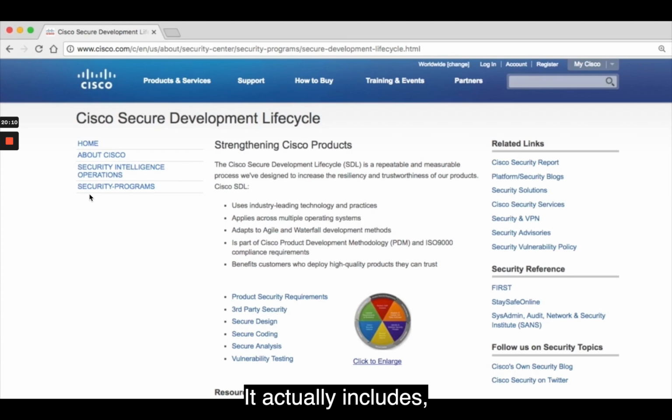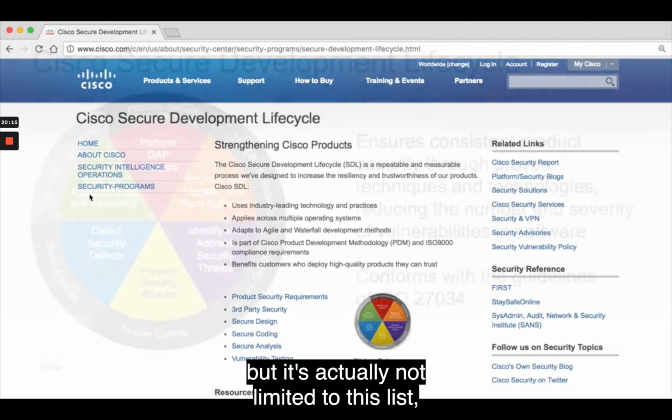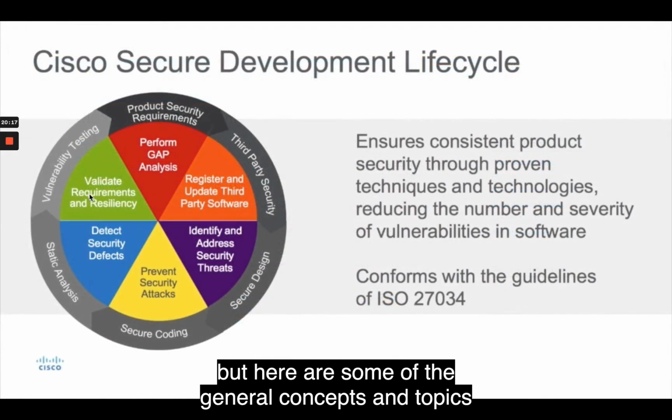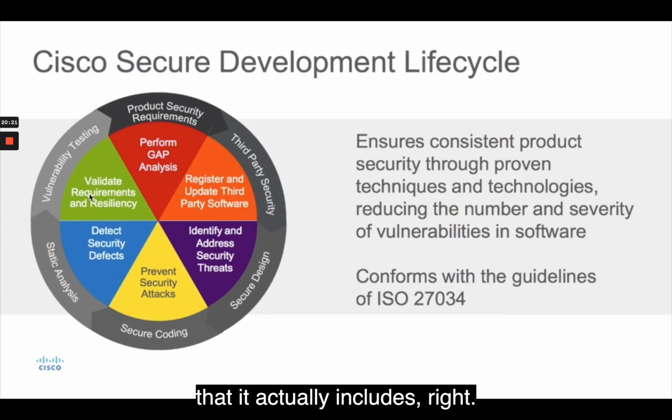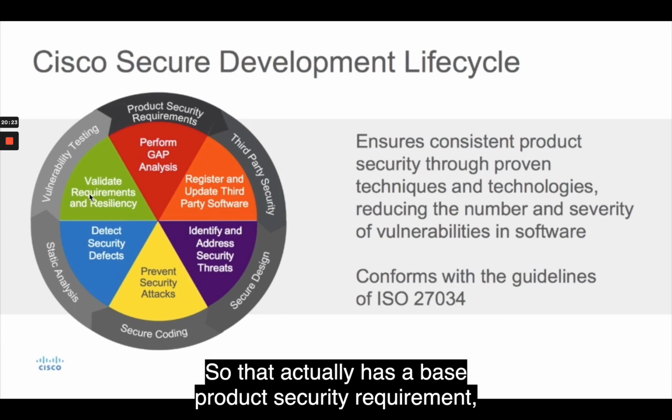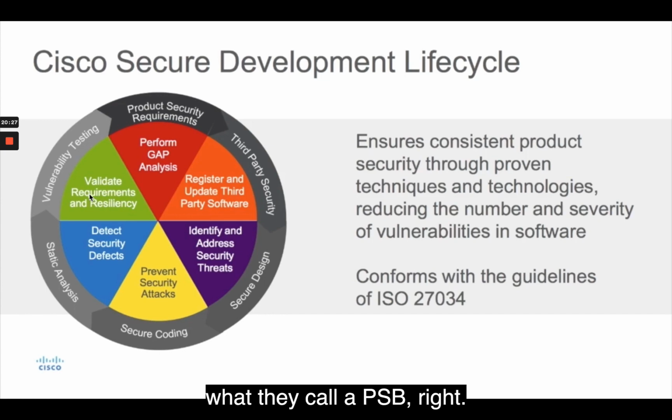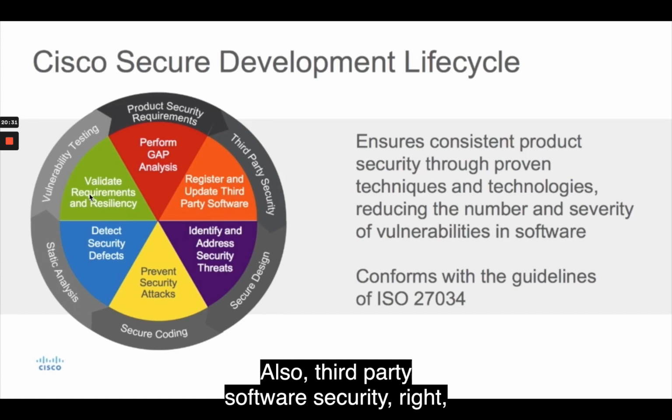It includes different areas, but it's not limited to this list. But here are some of the general concepts and topics that it includes, right? So it has a base product security requirement, what they call a PSB, right? Also, third-party software security, right?